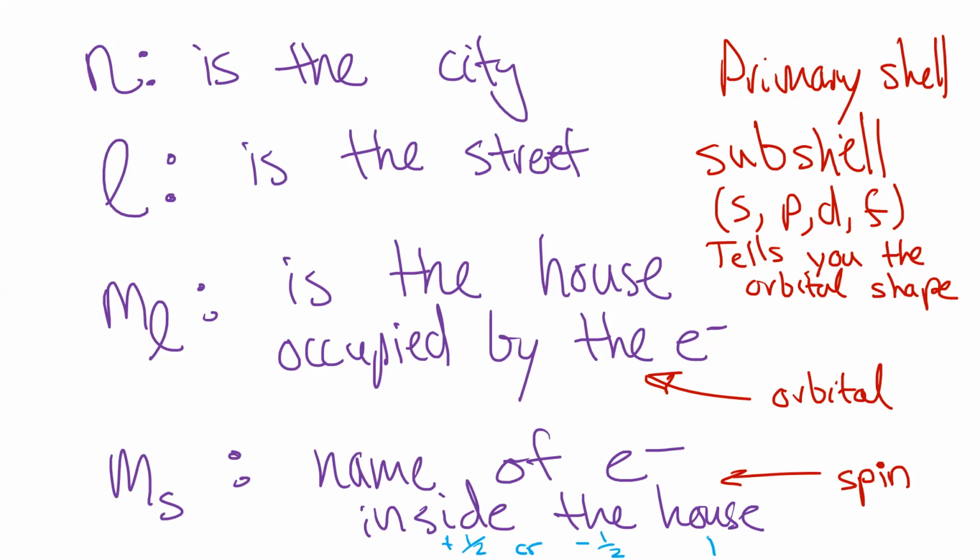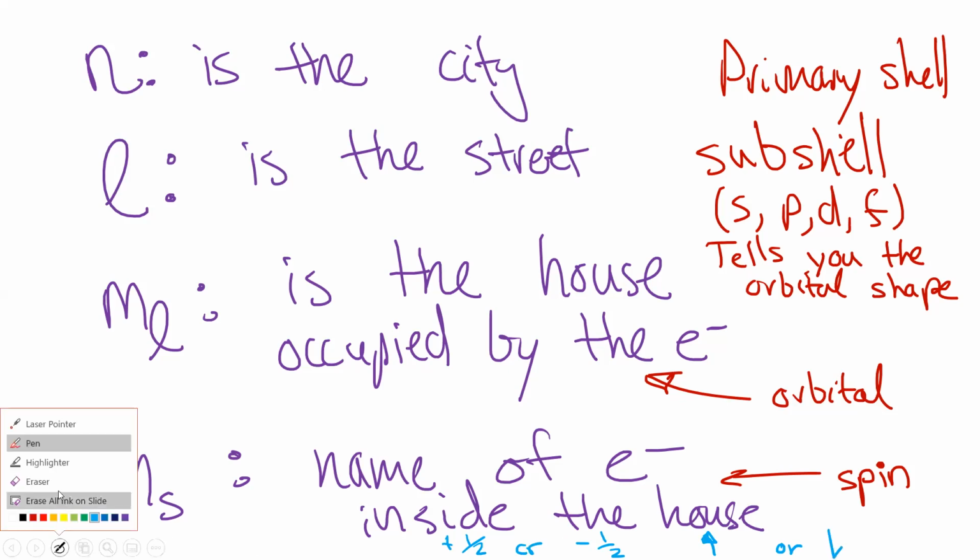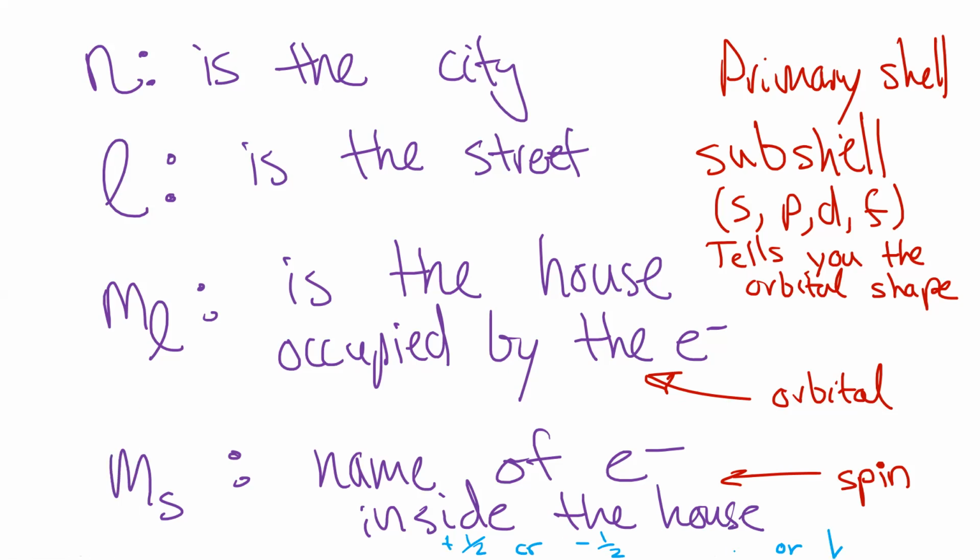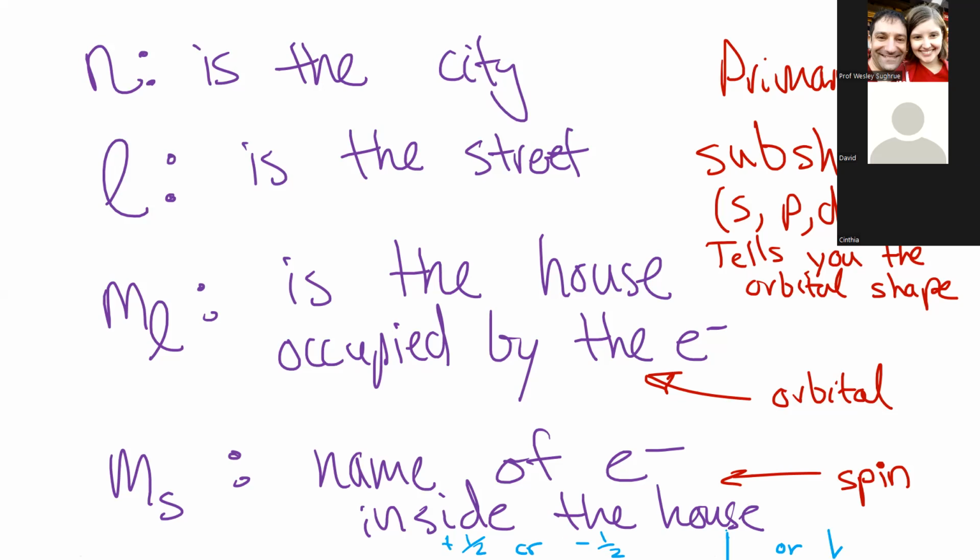Spin plus a half is up, spin minus a half is down, and usually we use little half arrows for these, to indicate that half spin, if you will.